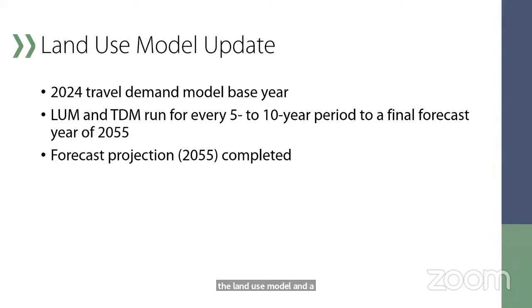First off, just as a refresher, we're using the 2024 travel demand model as our base year. We're running combinations of the land use model and travel demand model for every 5 or 10-year period out to 2055. And as Hinsu mentioned, we have done that first preliminary projection all the way out there.